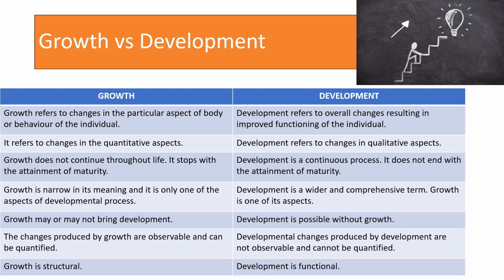That's it. Then also, growth does not continue throughout our life. When we attain maturity, the growth stops there. We know that we will be growing until we reach a certain age. Girls will grow faster compared to boys in younger ages, but after an age, girls' growth might be over.